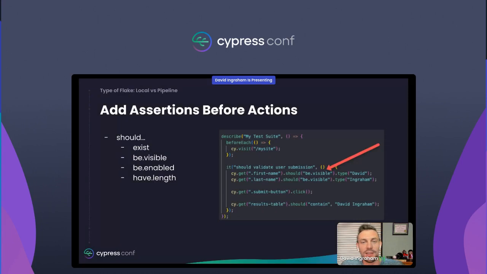Another way we can guarantee our tests always pass in the pipeline or locally is to add a safeguard assertion, again, similarly to what we described earlier with that cy.get example. By adding an assertion such as should exist, be visible, be enabled, we always guarantee that the element will be in the specific state we want it to before acting upon it. What I mean by this is if I want to click a button, I might assert that it's enabled first before clicking it.